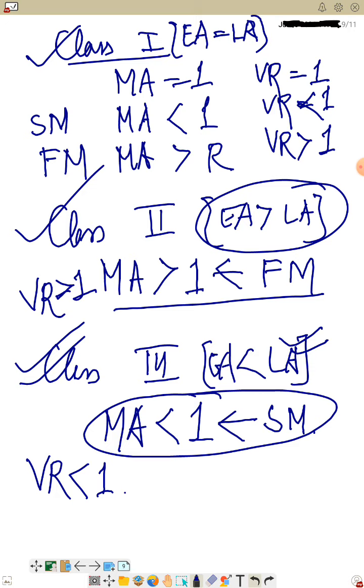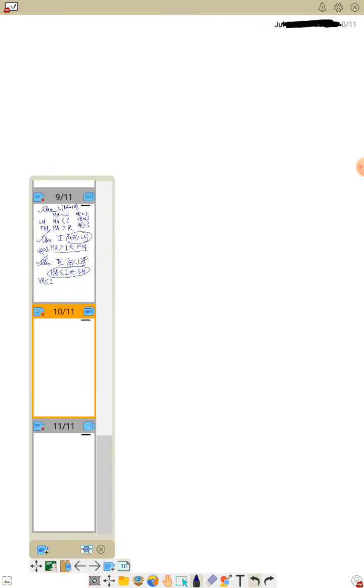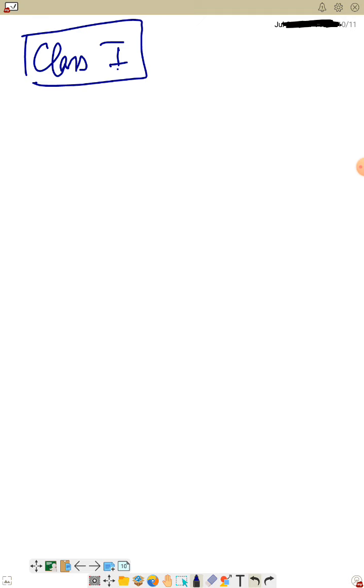Now the last and a very important thing that you must remember from here is the examples of each class of lever which are found in our human body. Class 1 lever found on our body is nodding of our head.